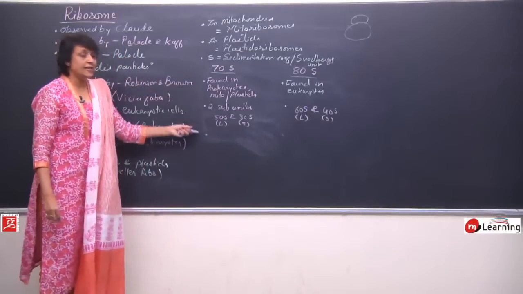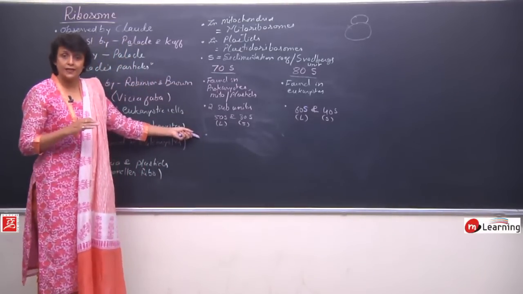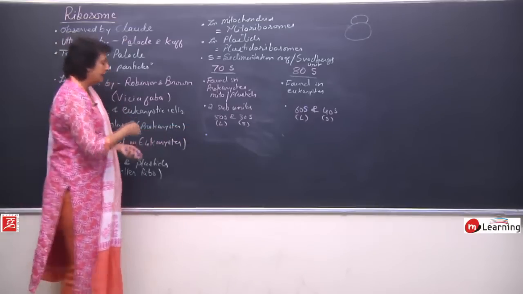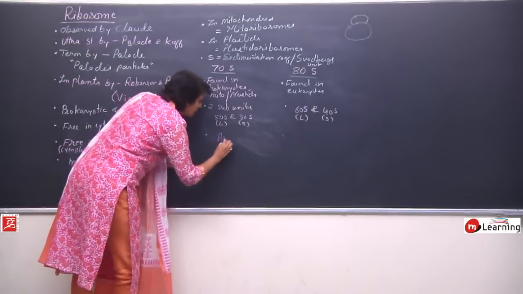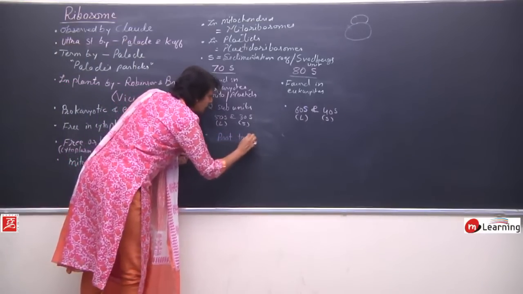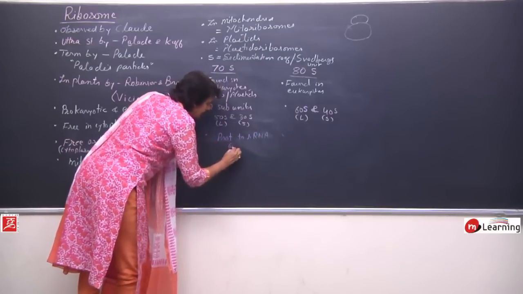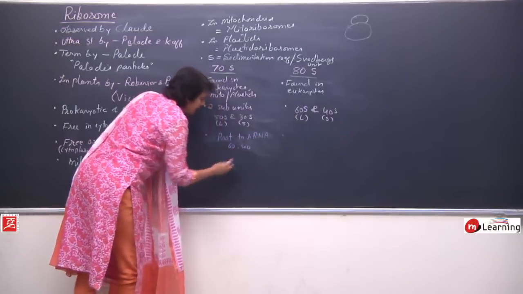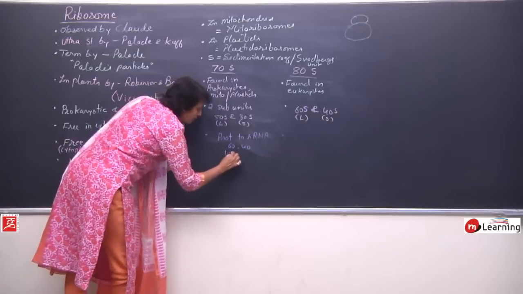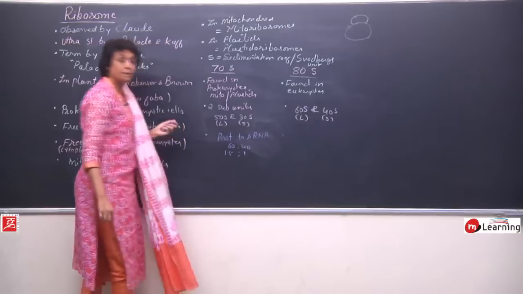These 70S ribosomes have proteins and rRNA. The ratio of proteins to rRNA is 60 to 40, also written as a 1.5 to 1 ratio.